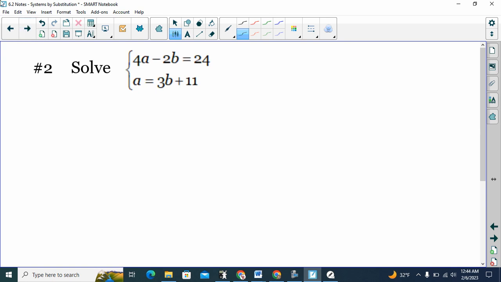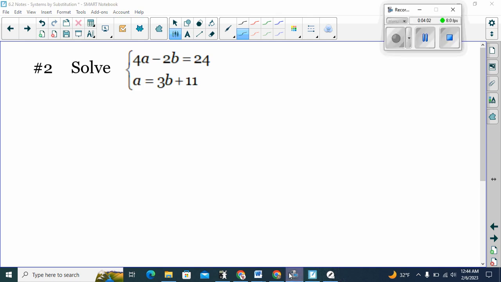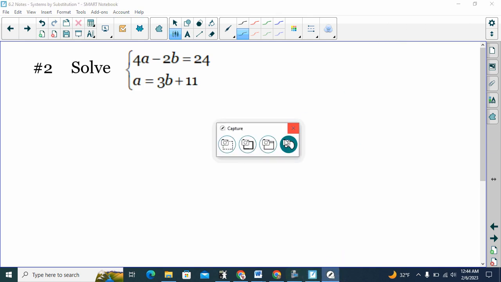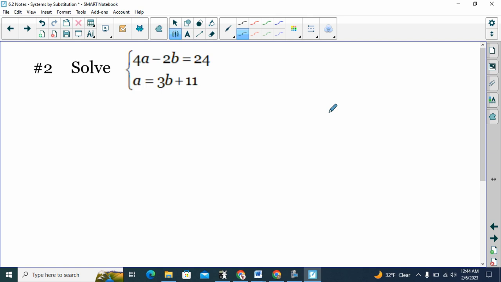Number 2, let's try another one. Similar problem. Instead of x's and y's, we've got a's and b's in there. It says 4a minus 2b is equal to 24, and a equals 3b plus 11.